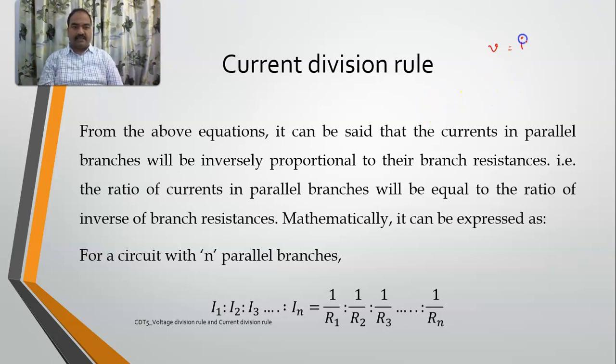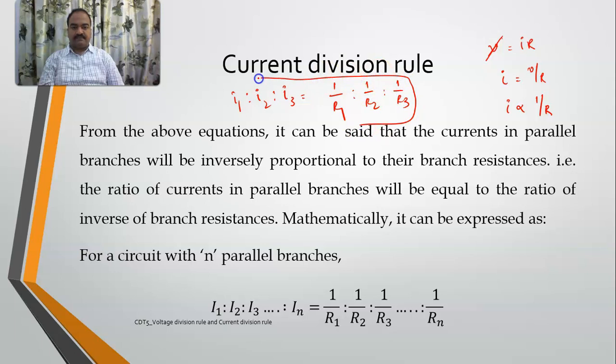V is equal to IR, right? So if V is held constant, then I is equal to V by R, right? So if V is held constant, I is proportional to 1 by R. If there are n number of paths, let us suppose there are I1, I2 and I3, the ratio is equal to 1 by R1 is to 1 by R2 is to 1 by R3.